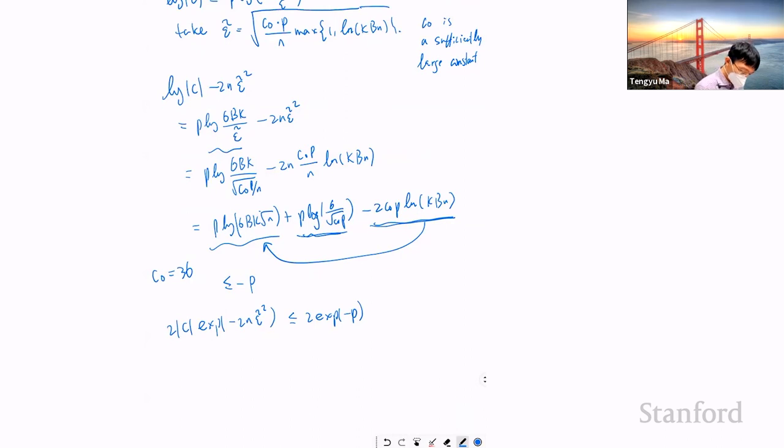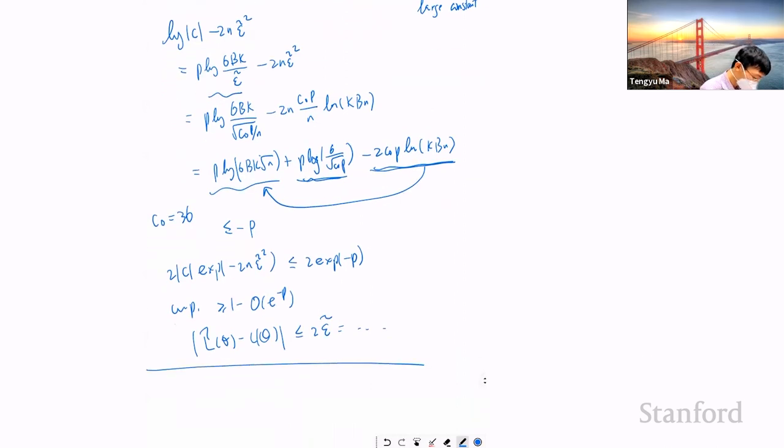So with probability larger than 1 minus e to the minus p, we'll have L hat theta minus L theta less than 2 epsilon tilde, which is the thing that we wanted. I'm not going to copy it again. So okay, cool. So that's the proof.